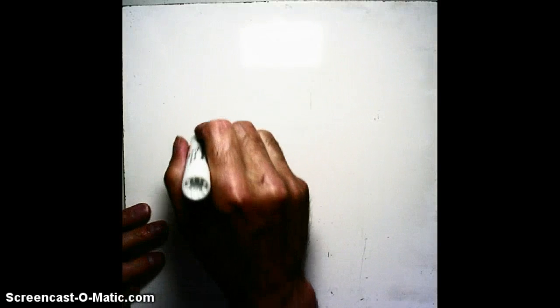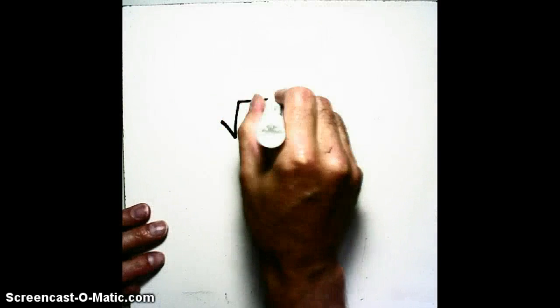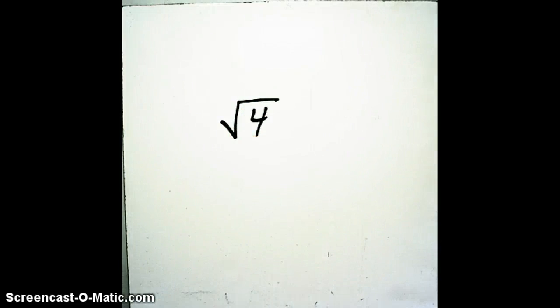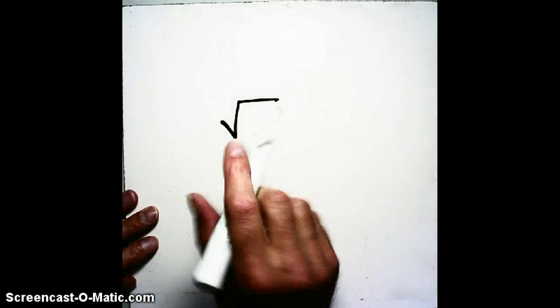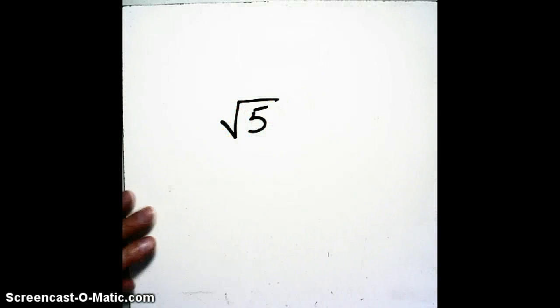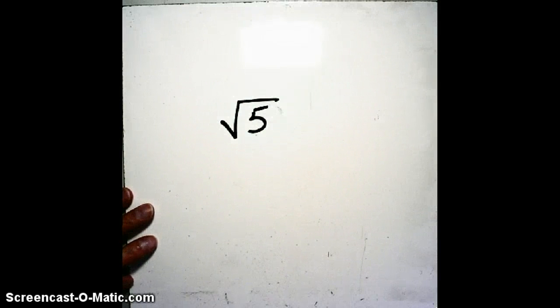Now, for example, radical 4. Actually, what that means is what number squared gives you 4. That's what that's really saying. Let me just write this. Radical 5. Now, I could put a number out here and say 3 radical 5.